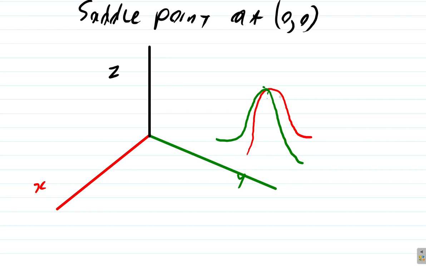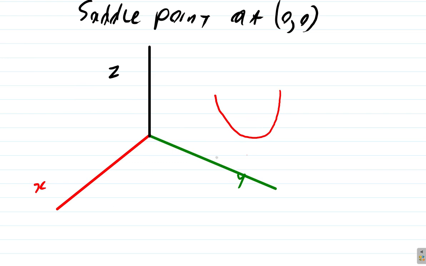That would have been a maximum point, like a surface that we would have. If it was a minimum point, then the x would go down and then up in the direction of the x. The y would also go down and then up.